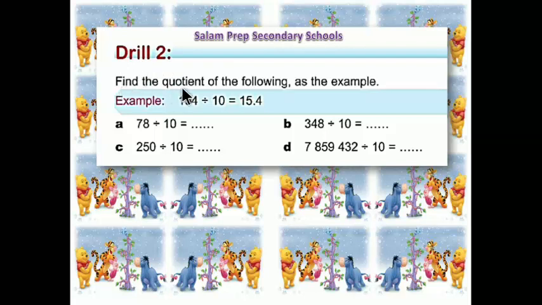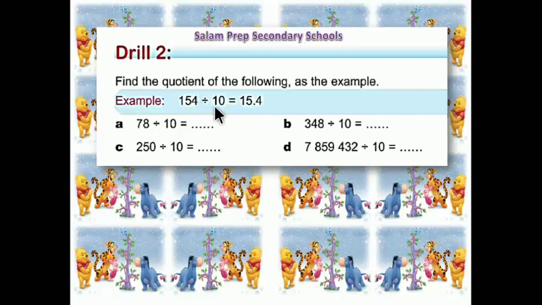Find the quotient of the following as the example. 154 divided by 10 equal. Now we need to solve the division equation to find the quotient in the form of a decimal number. Please put a decimal point beside 4.